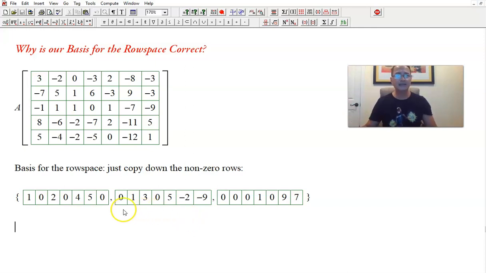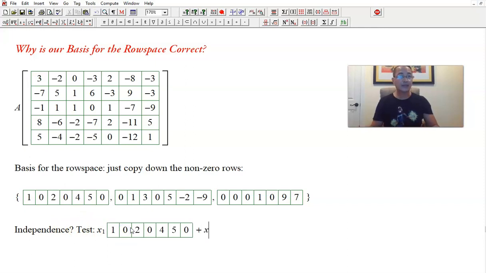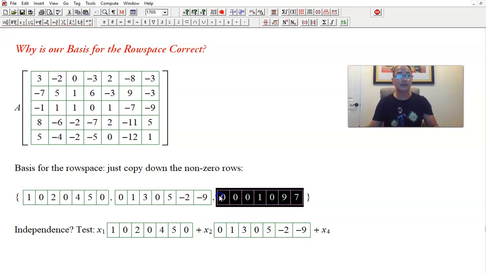And I said it has something to do with the leading ones, right? So let's test for independence. We have the test equation. You want x1 times the first vector plus x2 times the second vector plus, I'm going to use x4 because there's a 1 in the fourth component.